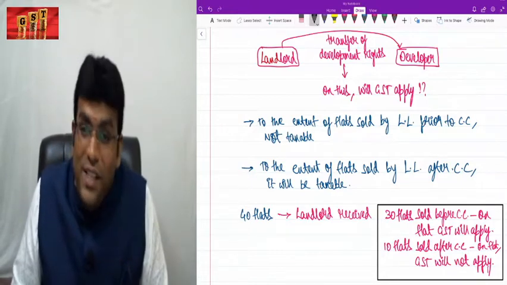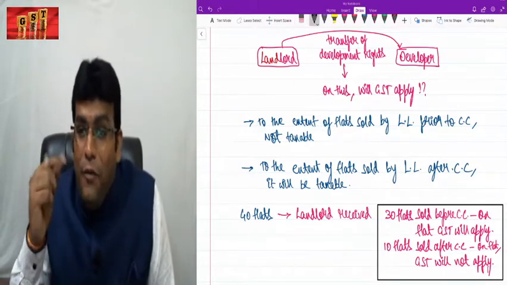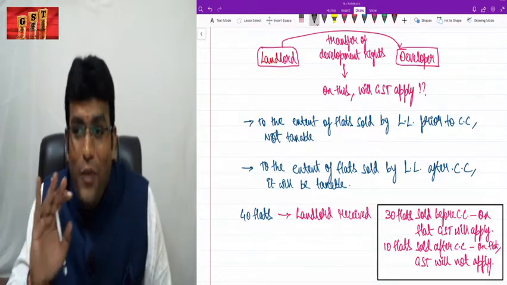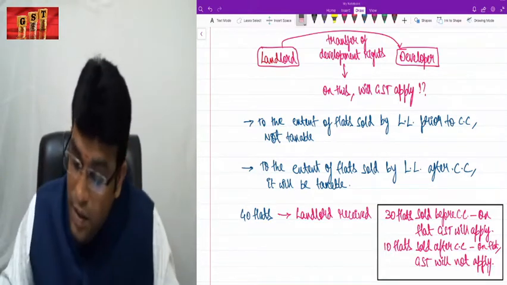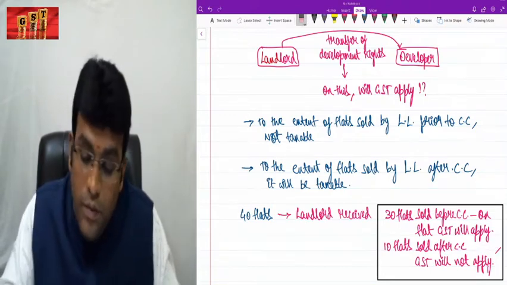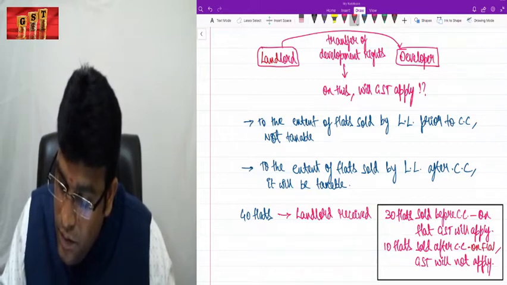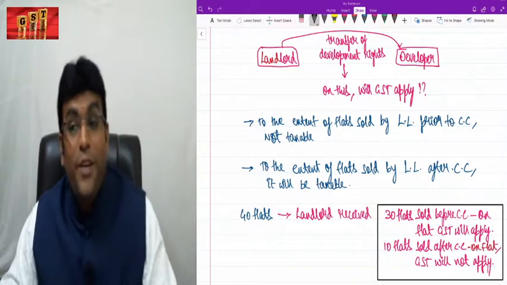On the 30 flats, will GST apply? Yes. And 10 flats are sold after OC. On the 10, will GST apply? No. So on the flat, GST will not apply. Clear cut point. On the flat, GST will not apply.